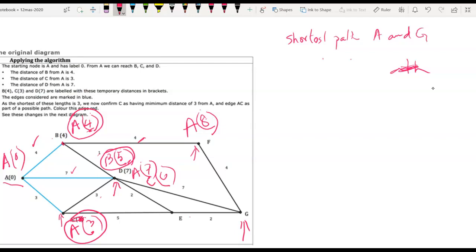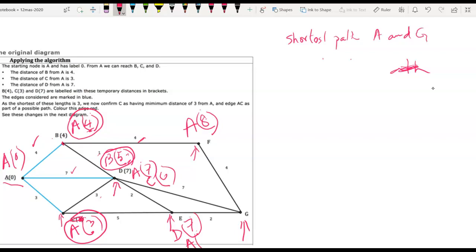Now, let's consider E. That's the node. We can come from 2 departure points. If we come from D, it'll be 5 plus 2, which is 7, right?